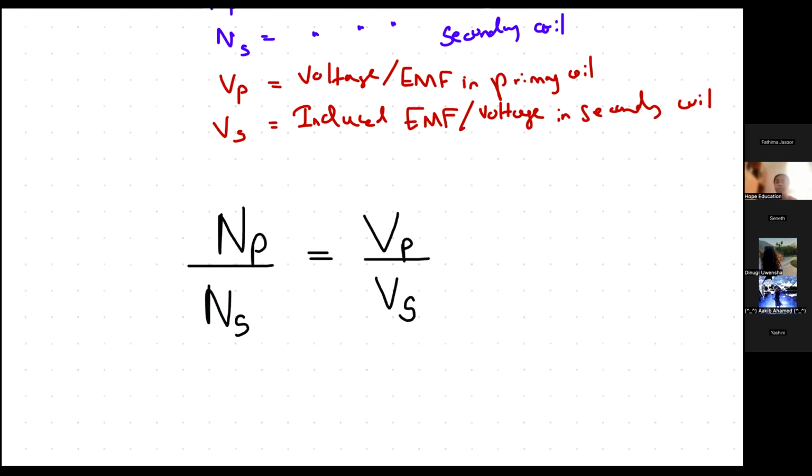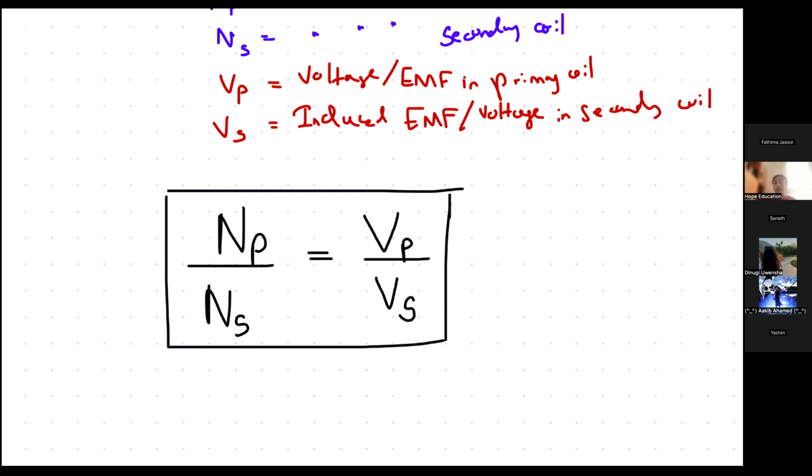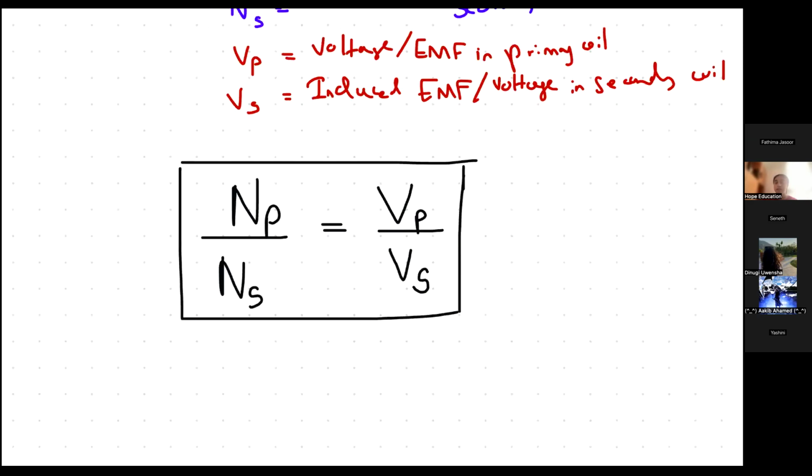So this is a very important relationship that we need to know: NP over NS equals VP over VS. Quickly write this relationship.